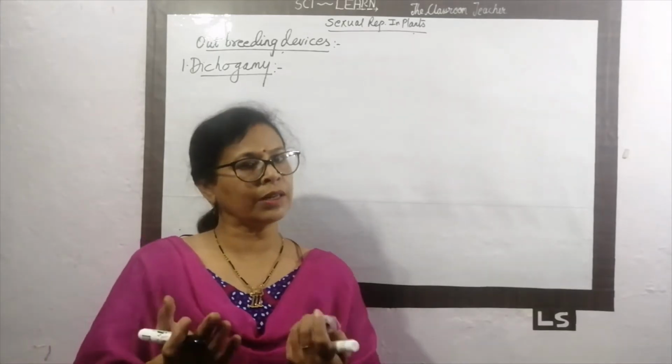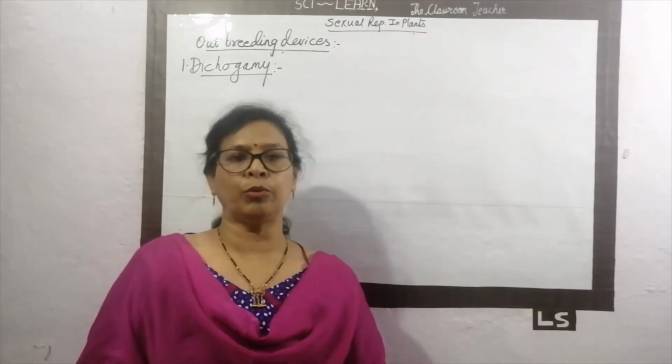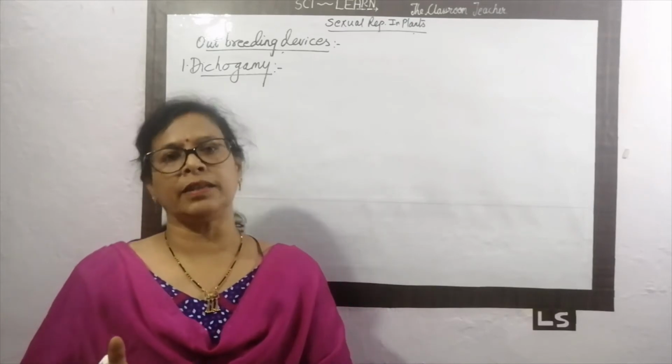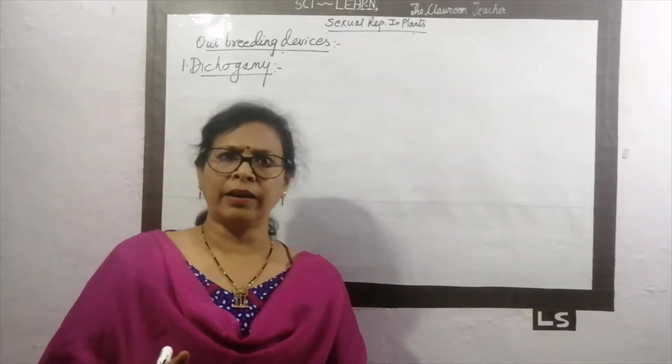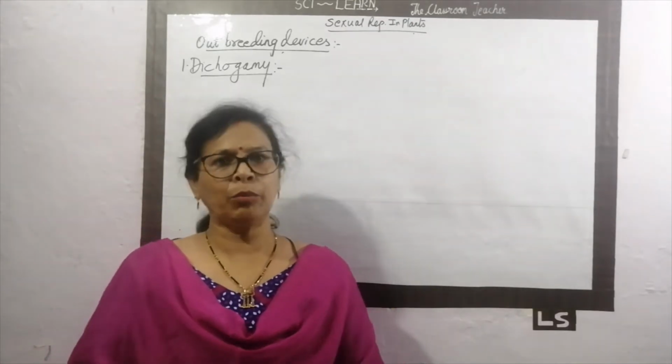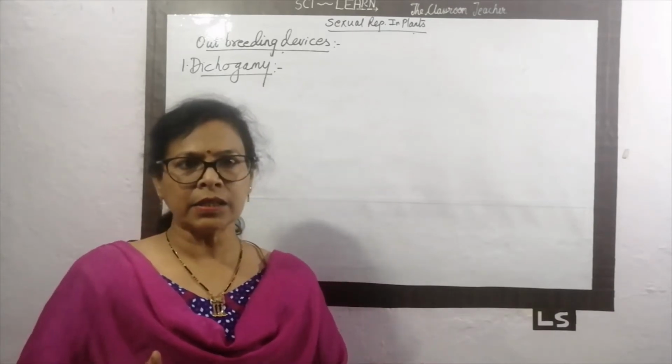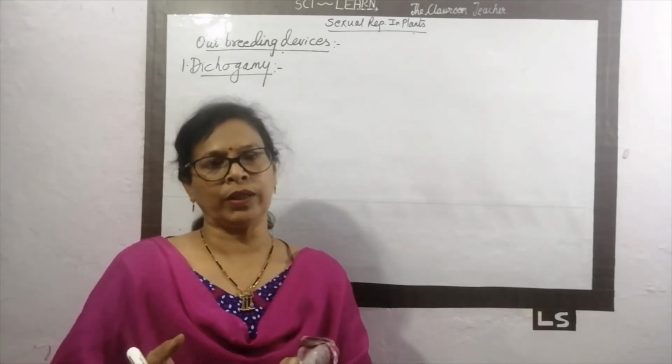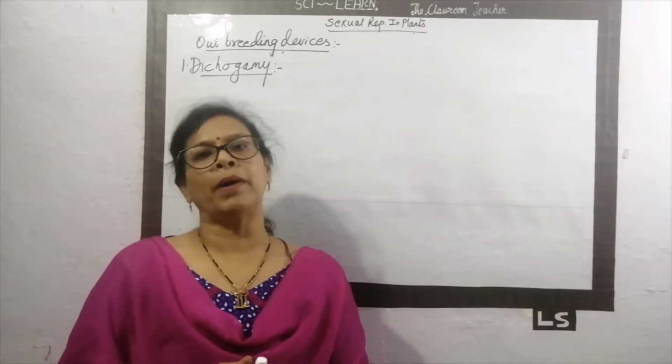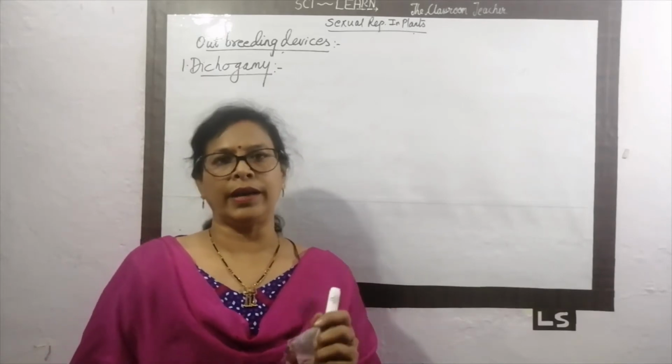It means there is no synchronization between the release of pollen and the readiness of the stigma. On the other hand, the stigma is ready to accept the pollen, but the pollen is not dehiscent. So that is the lack of synchronization between the male and female parts of the flower. That is called dichogamy.